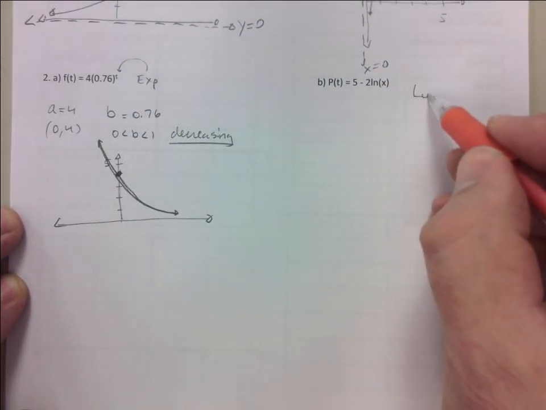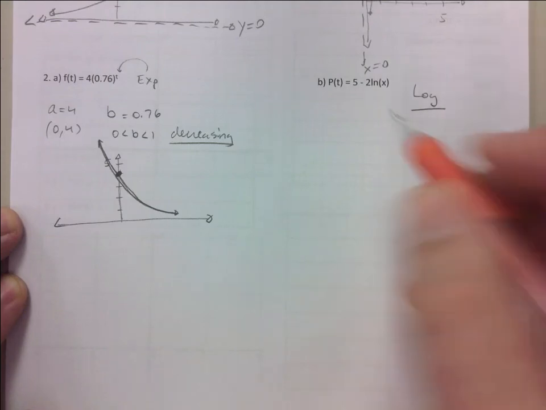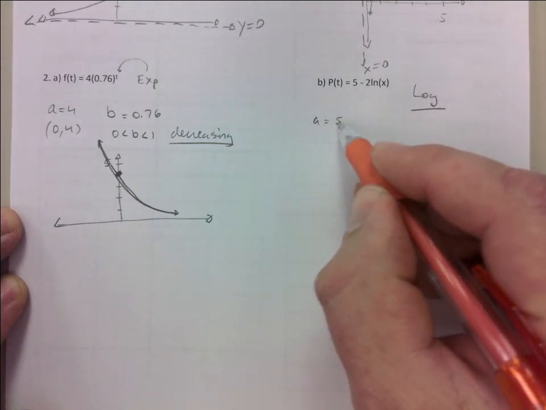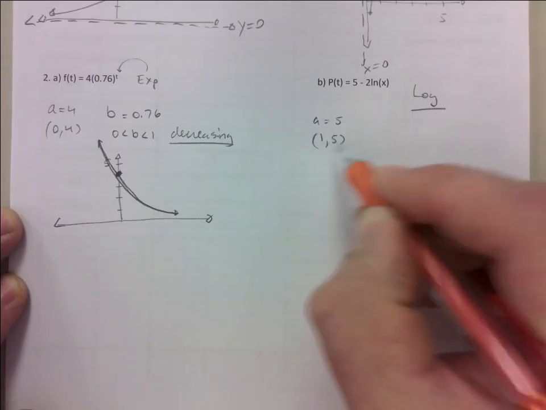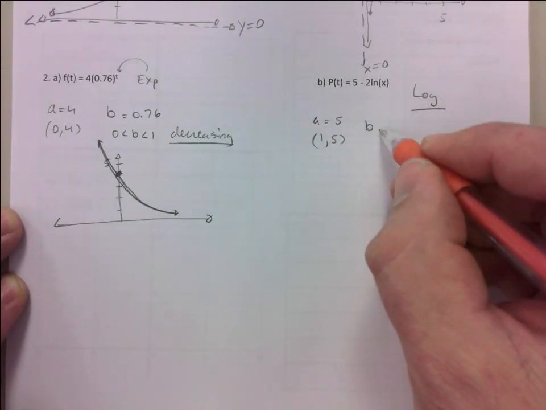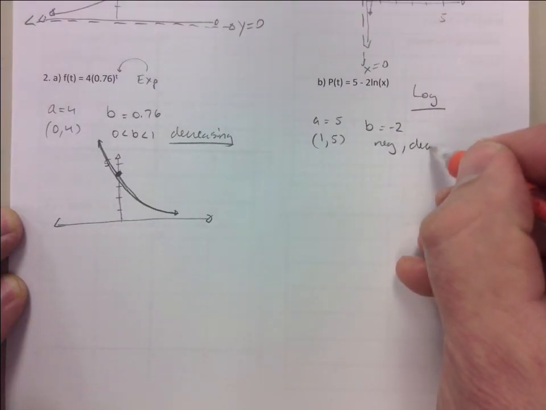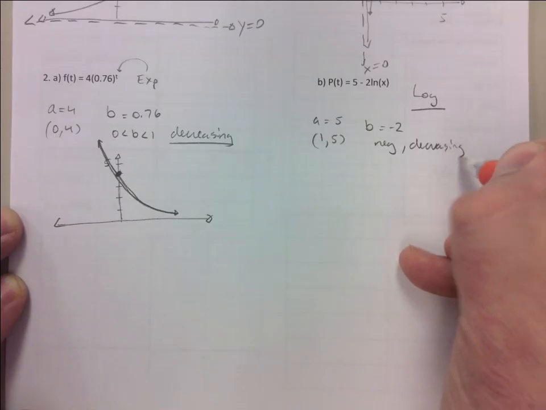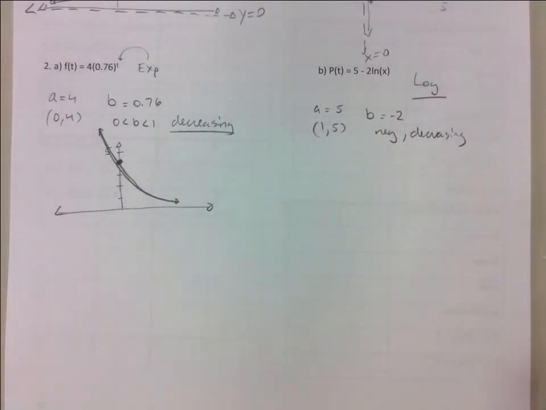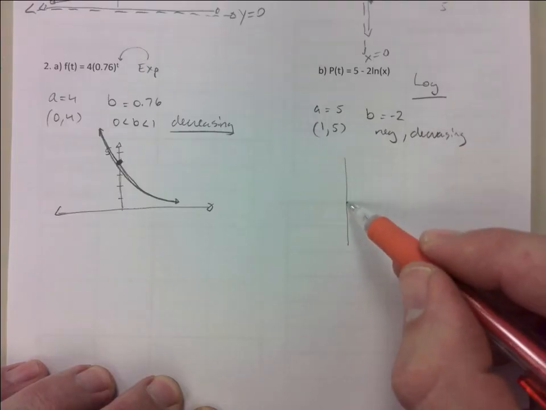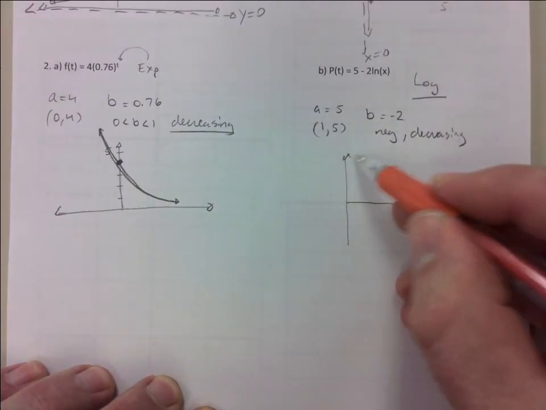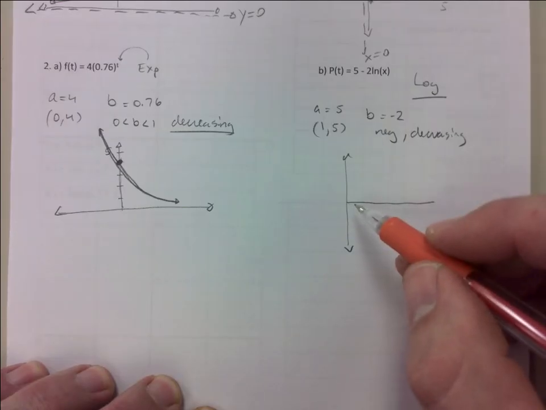This one is a logarithmic. A is equal to 5, therefore 1, 5 is on the graph. B is -2. Negative means decreasing. Okay, it's going down from left to right. In this case, it's going to look like this. 1, 5.